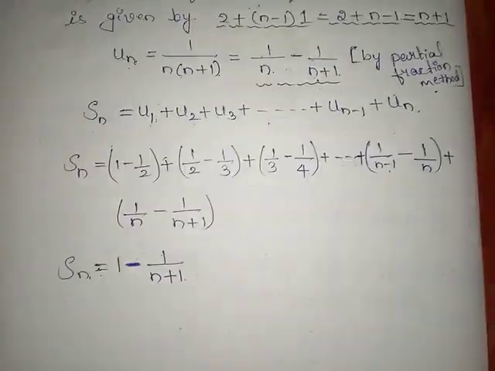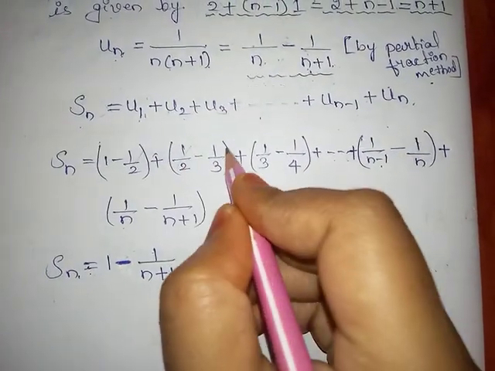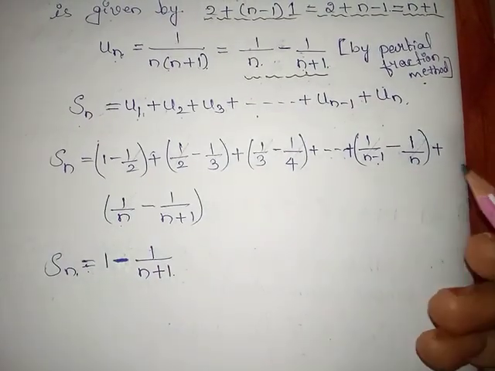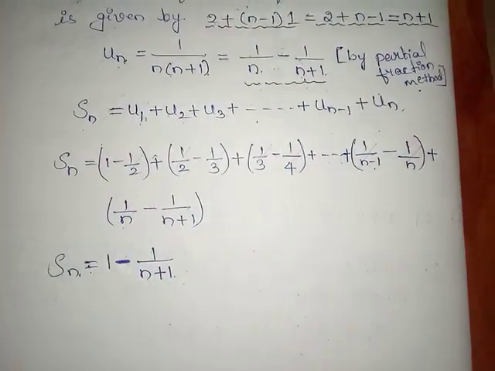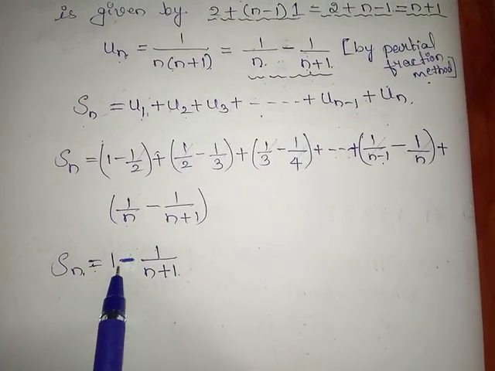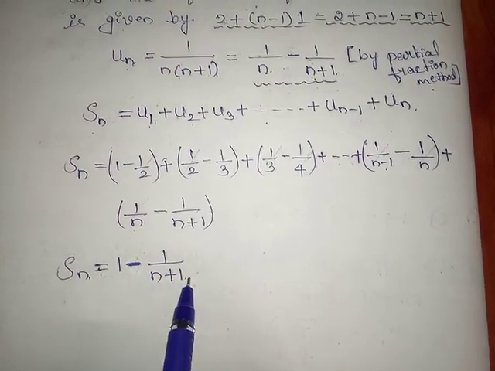Since they are cancelled with each other, this is also cancelled with the earlier term, and 1 by n cancels with this 1 by n, we get Sn is equal to 1 minus 1 divided by n plus 1.